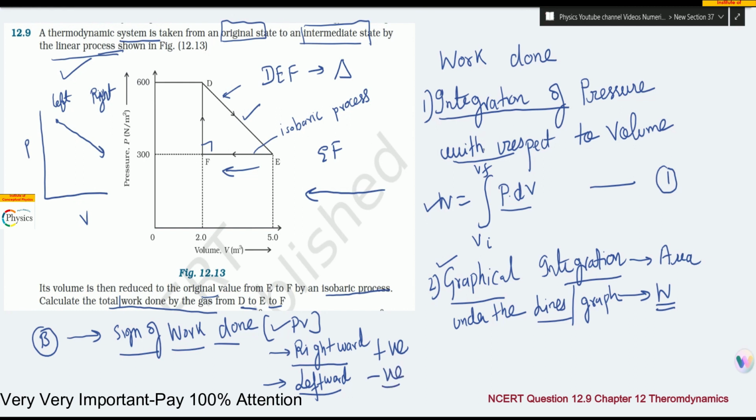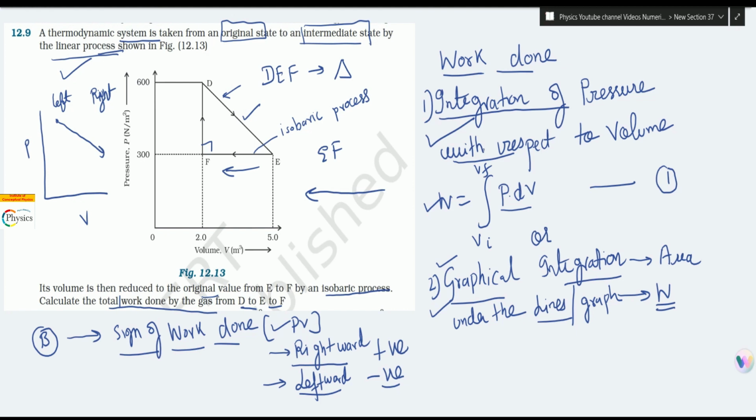This is the sign convention you must apply. So the first thing you must understand is the concept of work done in a thermodynamic process: integration of pressure, or graphical integration. The second thing is the sign of work done. If you don't understand it, you will end up making mistakes.